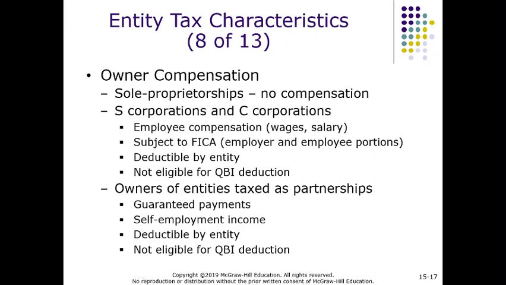So I really don't want to spend a lot of time on this owner compensation because, again, for flow-through entities, well, I'll mention a few things. Sole proprietorships, there's no compensation per se, just whatever net income is derived from the business is the sole proprietor's income.